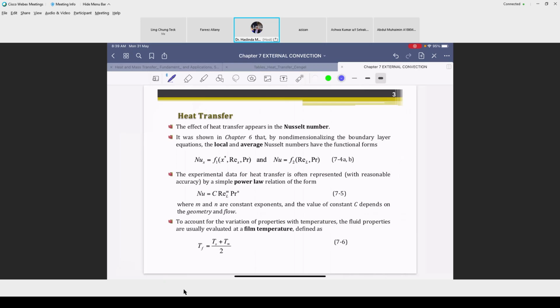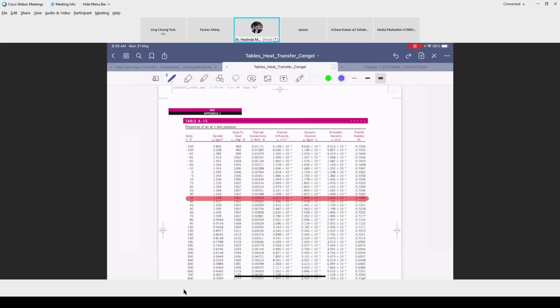I'll give an example of a table. This is the table. So maybe you want to find the kinematic viscosity, maybe the Prandtl number, maybe the density. Can you see that the reference value is temperature?